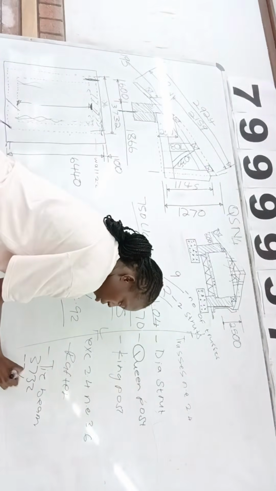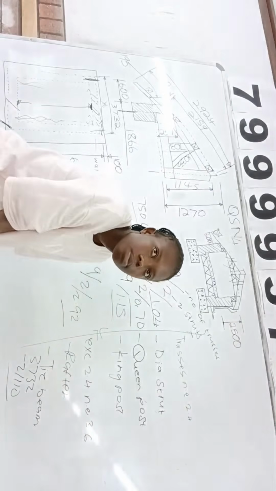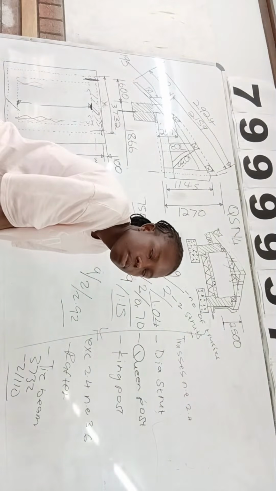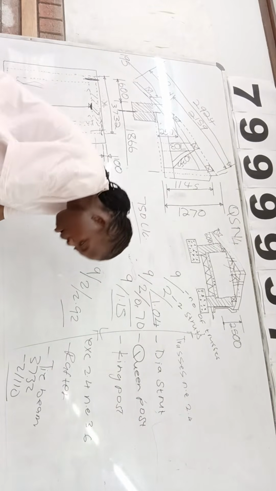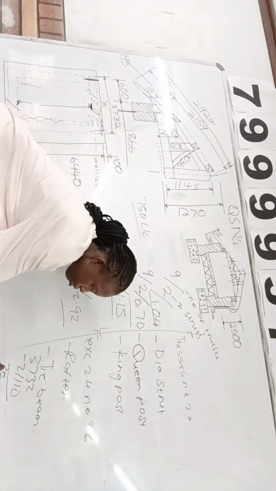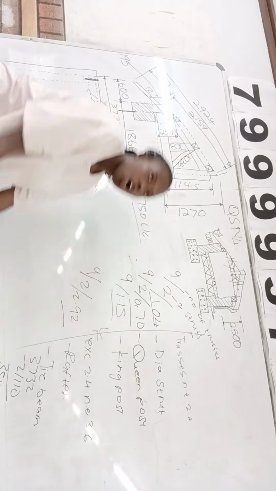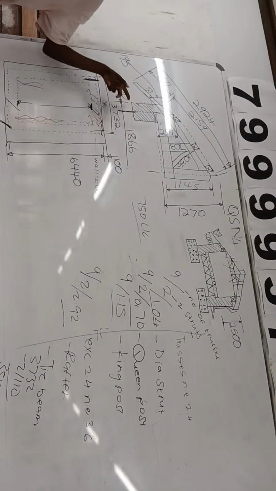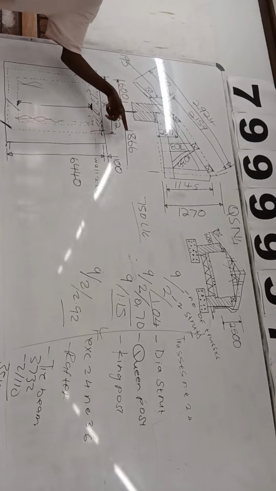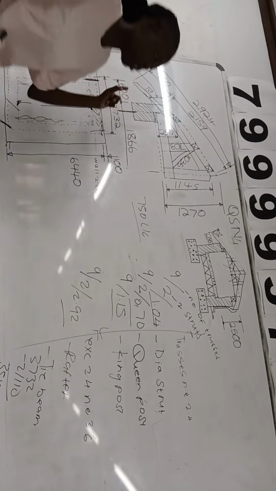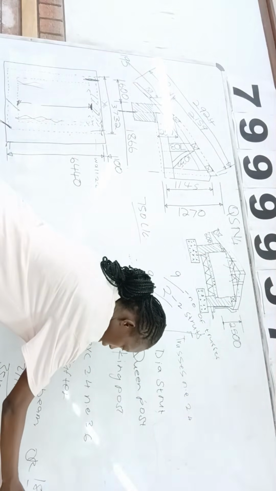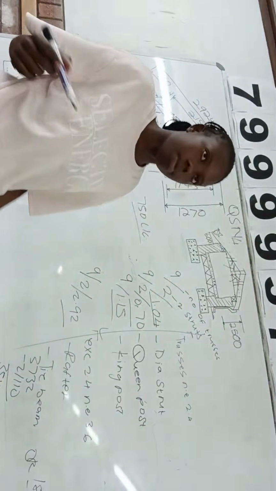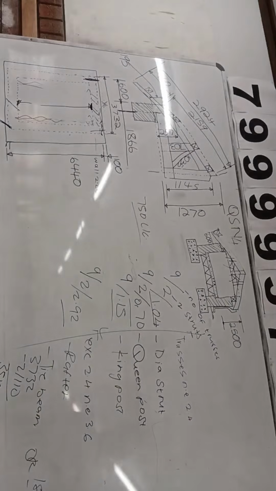3732 minus 2 of 110 is 3512. So it's not exceeding 3,6. Or you can say, let's check. We have 1866 and it's including the wall, so 1866 minus 110 is 1756.